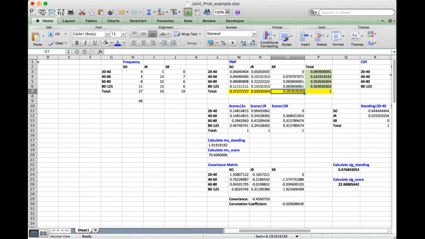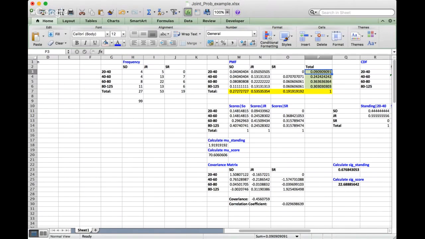Likewise, I could compute a marginal distribution for score. In this case, I'm basically saying I don't care whether the students were sophomores, juniors, or seniors. I just want to know the probability that they got a particular score. The fire alarm's going off here, so I'm just going to finish this discussion of the single marginal distribution, and then I'm going to have to run out of the building before it burns down.